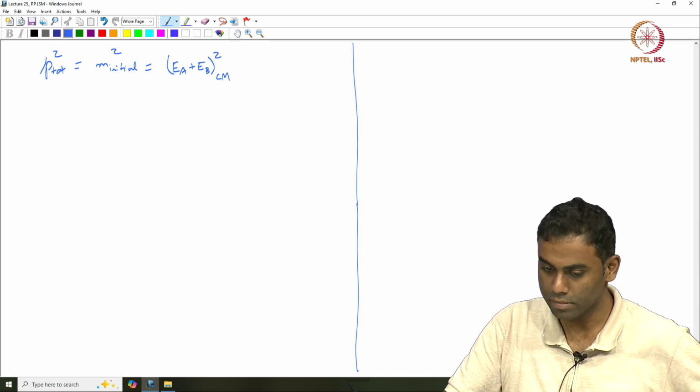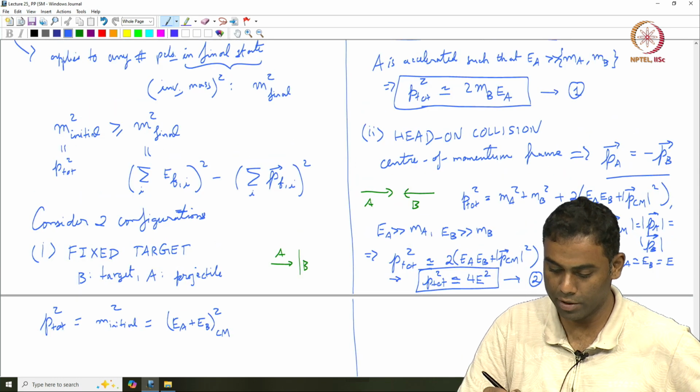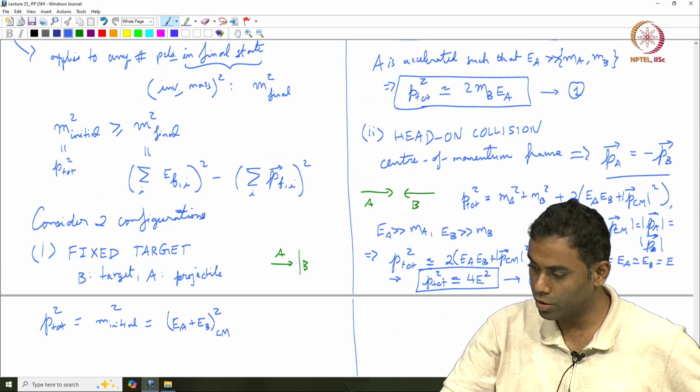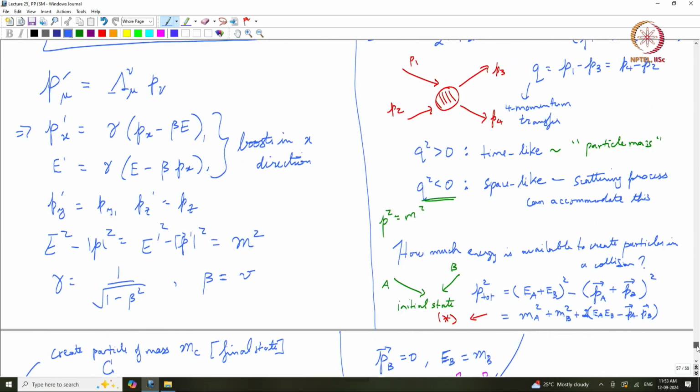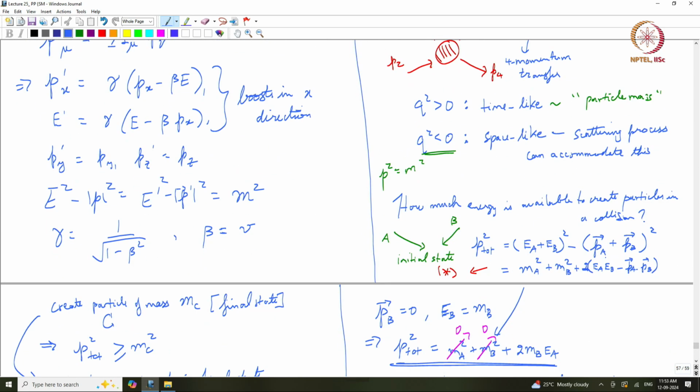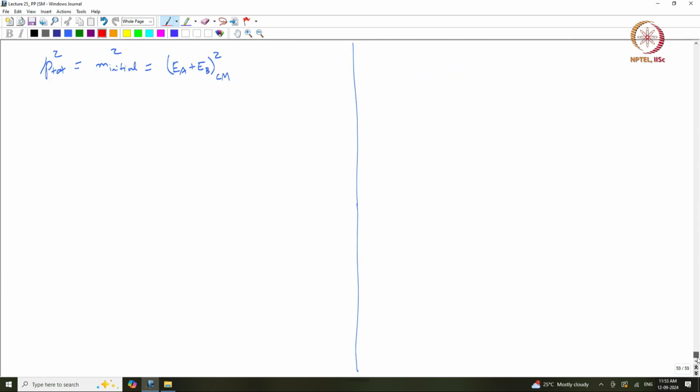Agreed? That is what it is, right. So, because why? Because if I take the you go back here, we started out here, this term basically has gone to 0, right, this term in the center of momentum frame, right. So, in any situation, whether it is fixed target or center of momentum head on collision, this P tot squared can always be thought of as the total energy available in the initial state squared, of course, in the center of momentum frame.